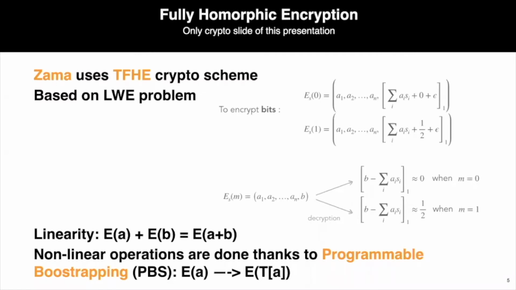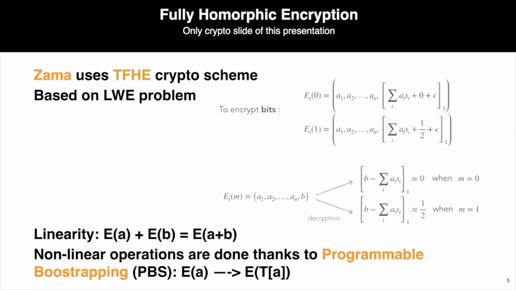Then to encrypt, you generate n random values, the a_i, which are called the mask. Finally, you have the last part of the encrypted value, which is the dot product of the a_i with s_i, your secret key, which you remember as the SK from the previous slides. You compute this dot product and add the message you want to encrypt, so either 0 or 1/2.